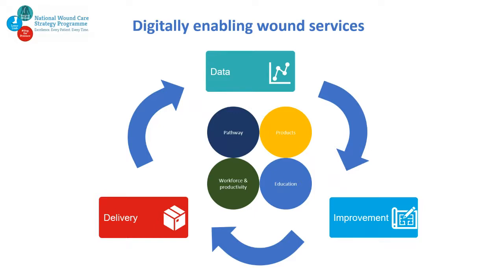And we know that there's a lot of data out there, or could potentially be out there, in terms of how the pathway is being delivered, what products are being used along that pathway, how education is being taken up, and then what staff models are being used to deliver that care. So if we can create a sort of virtuous cycle of collecting data, using it to think about how services are delivered, and then using that data again to continually improve. So fundamentally, we are an improvement program, trying to introduce an improvement methodology on an ongoing basis. Next slide, please.